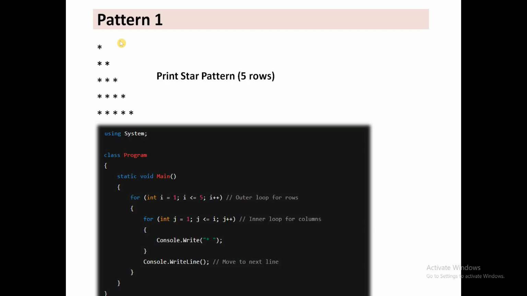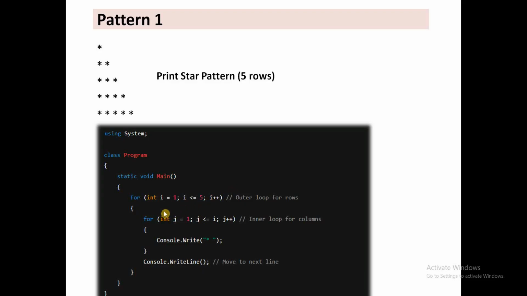First we will go through some patterns to understand the nested loop concept. First we have to print these stars with rows and columns. These two loops run: the first one runs with the rows, and the second, inner loop runs with the columns. So here we have 5 rows and 5 columns, and we have to print this kind of pattern with the outer loop and inner loop.